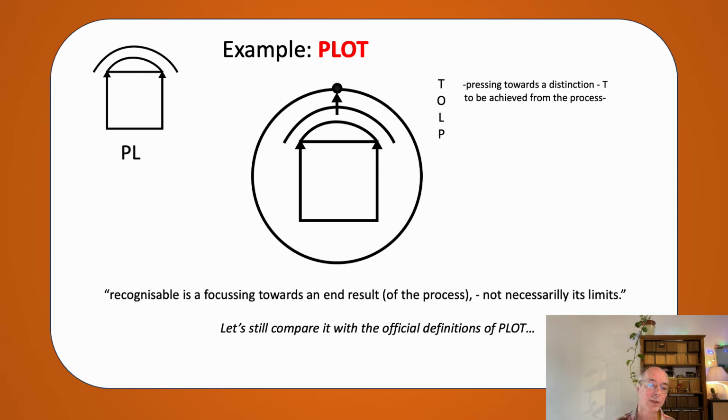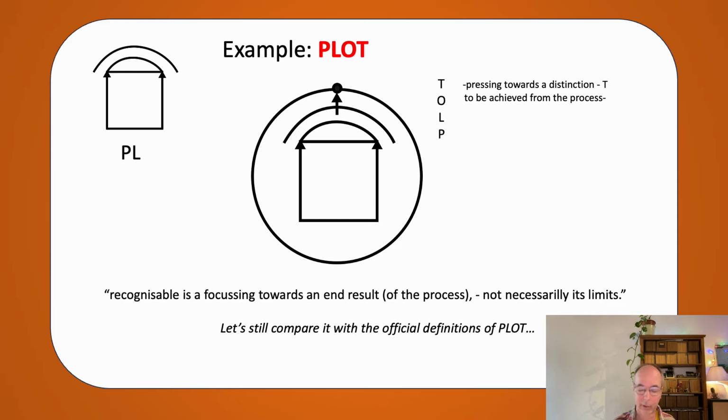What I notice here, and what is recognizable, is a focus towards, again, the end result of a process. Not necessarily to its limits, but I want an end result. It's all in the process of P plus L, in O, eventually into an environment, into a process, again, the O of a process as well.